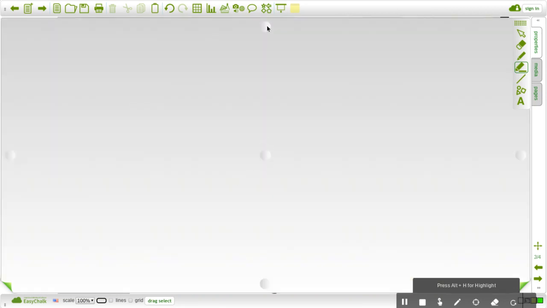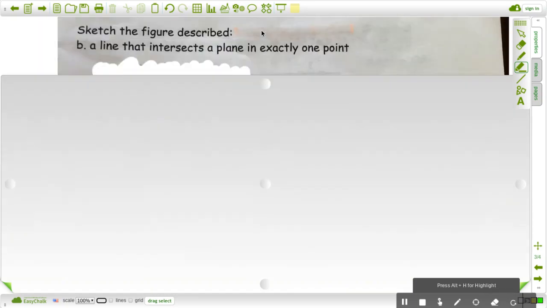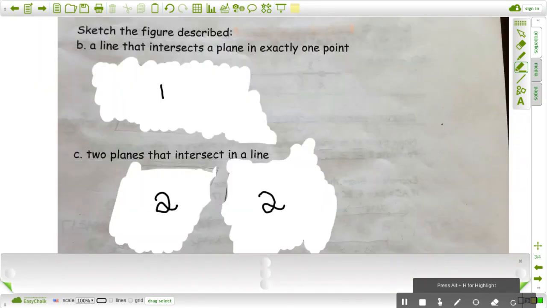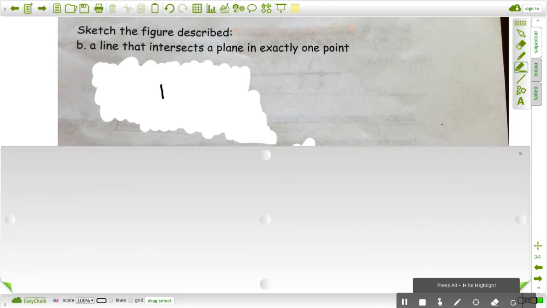If you don't know what intersection is, be sure to check out my last video. But here we go. If a line intersects a plane in exactly one point, you have to draw this figure. I already drew it for you, but pause this video and try to do it on your own.